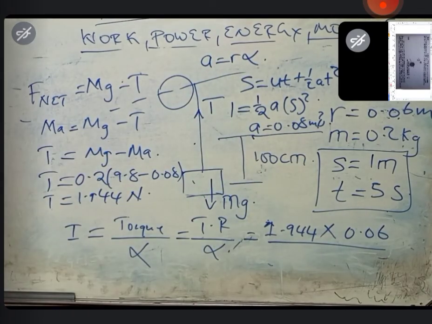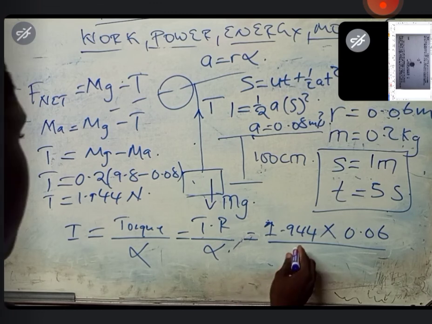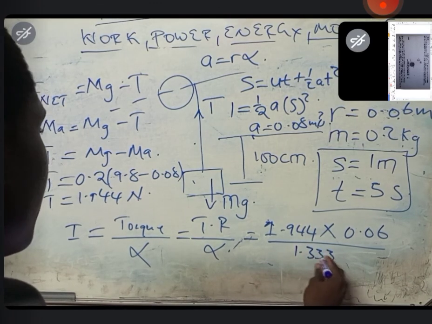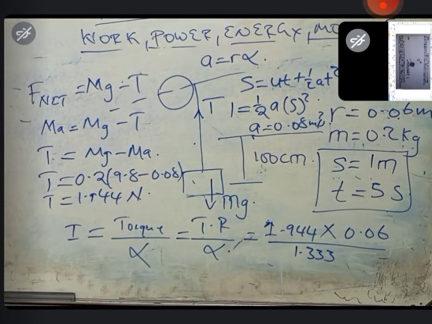Anything in linear can be converted to circular by multiplying by the radius. So for you to find the angular, you divide by the radius. So you have 0.08 divided by 0.06. We find 1.333 radians per second squared.